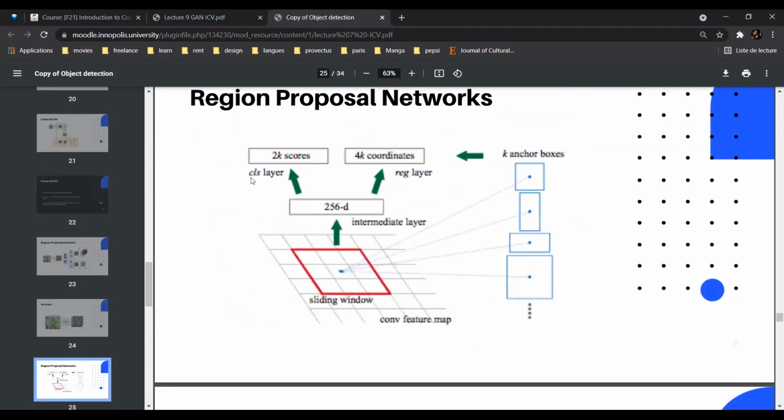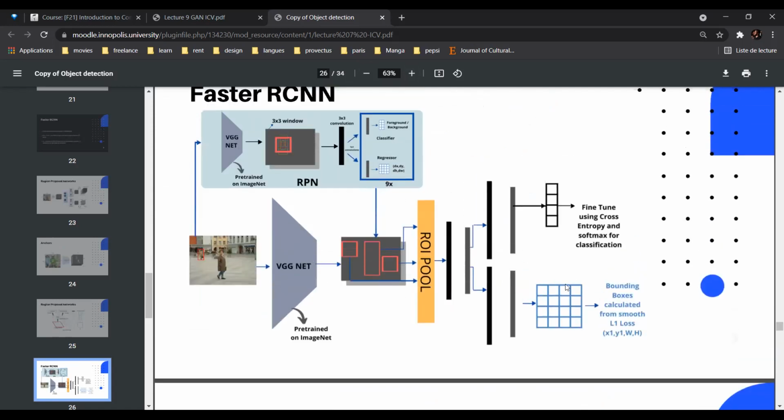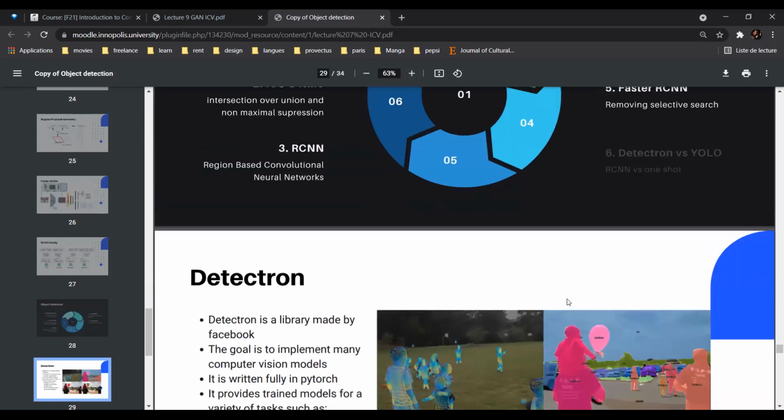So as we can see, we have 2 times k, where k is the number of boxes, so 2 times 9 in general. So we have 2 times 9 scores for predicting whether it is an object or not. And of course, we have the 4k coordinates, which are the x, y, width and height, for example. And this gives us the Faster RCNN architecture.